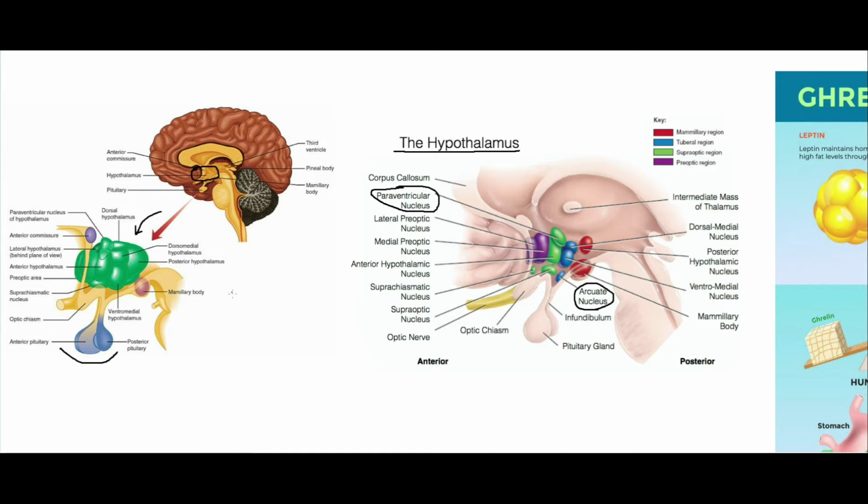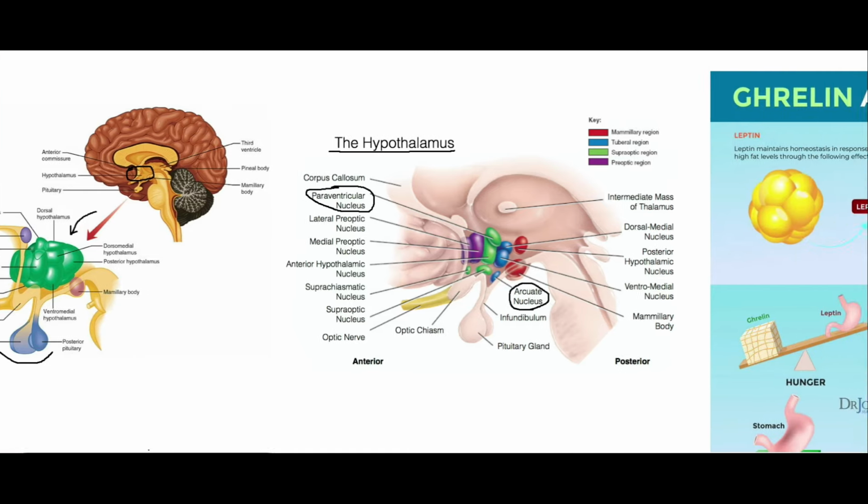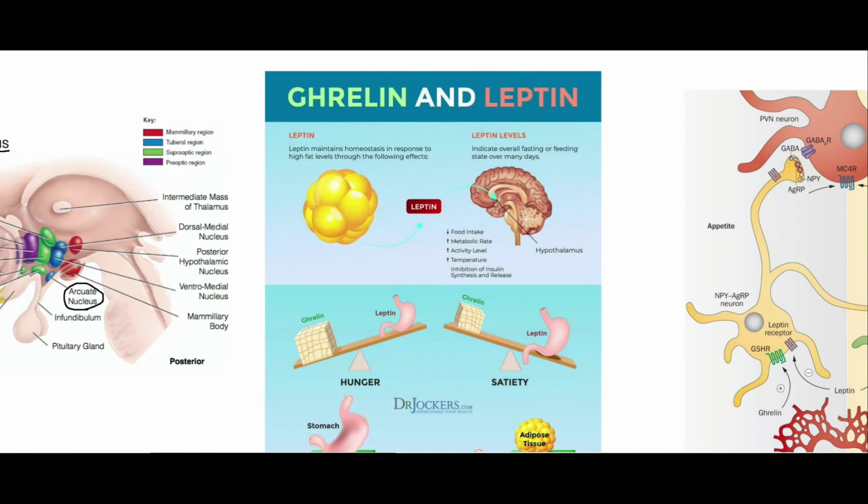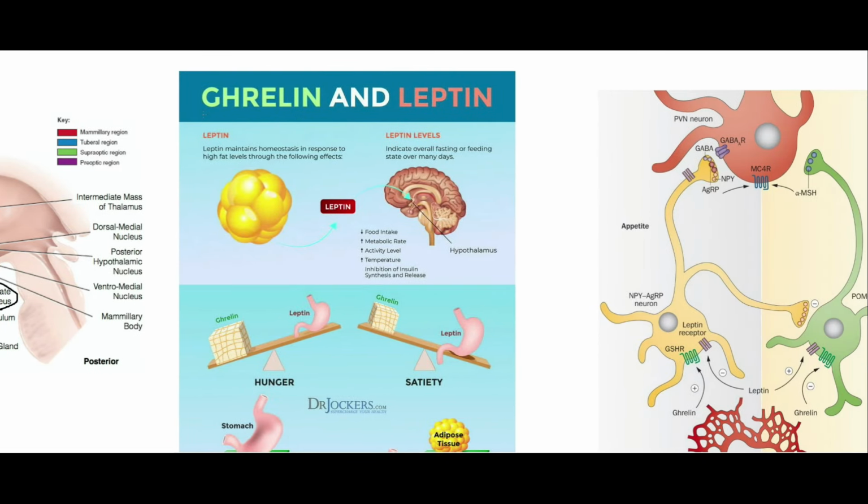And so anybody who has looked into hunger and satiety has probably encountered the hormones ghrelin and leptin, where ghrelin is the hunger hormone and leptin is the satiety, or I guess the not hungry hormone.